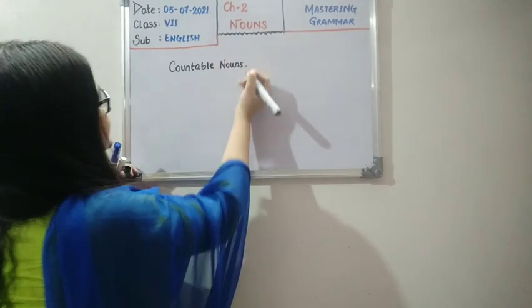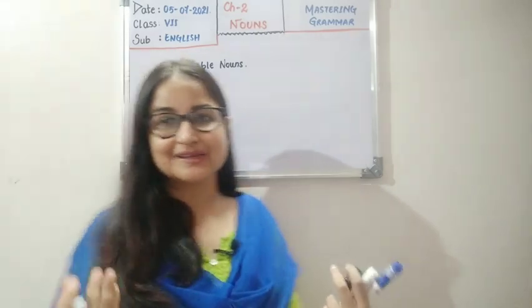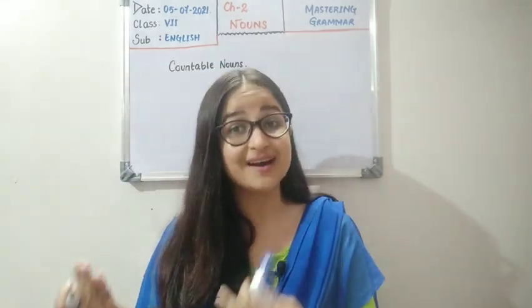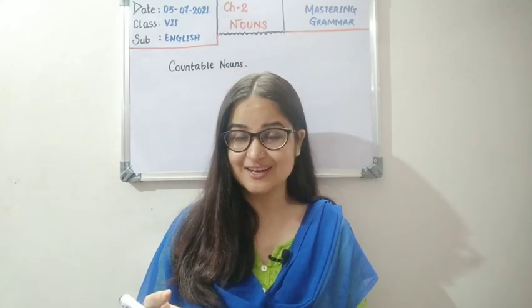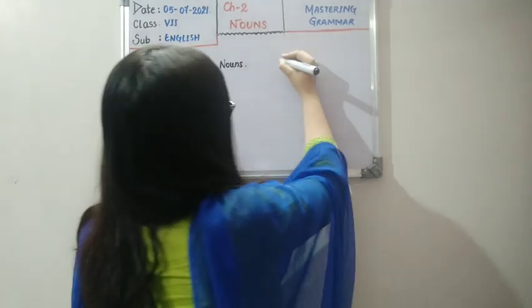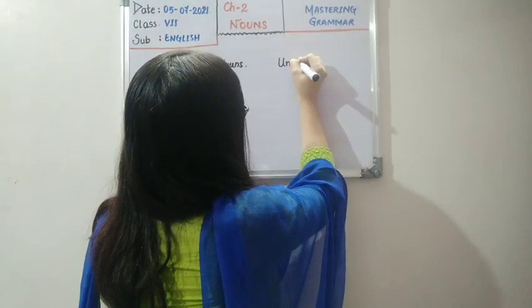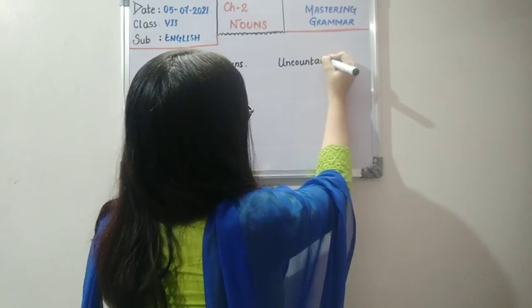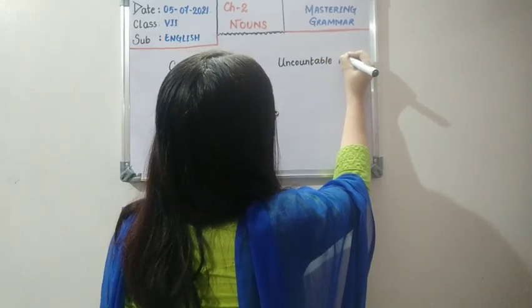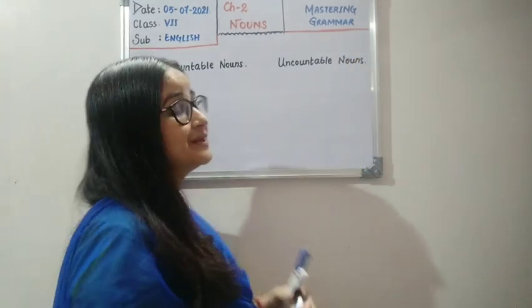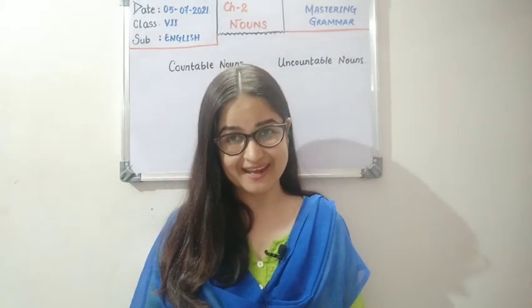The nouns that can be counted like 1, 2, 3, you can count them. But with the other kind, the second kind as well, which cannot be counted, is known as uncountable nouns. Okay children, so now tell me, can you count air?